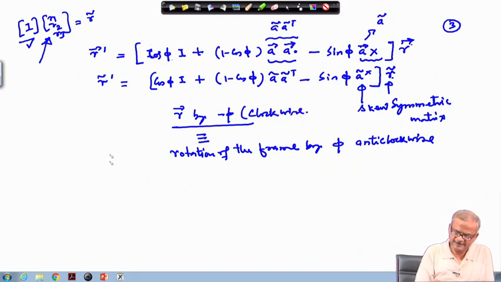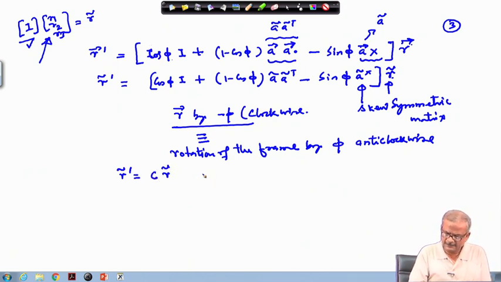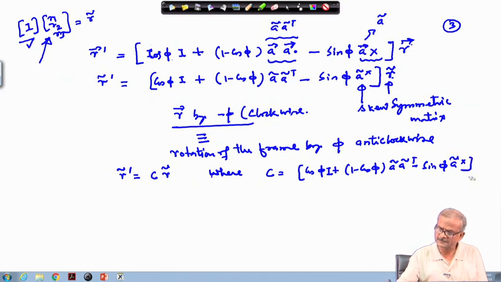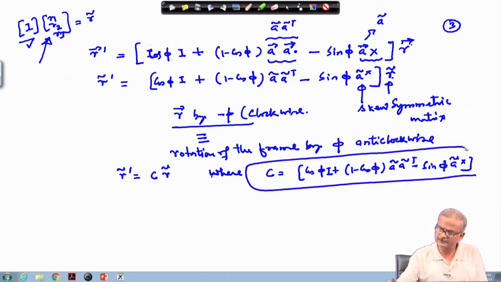So, r tilde prime can be written as C times r tilde, where C equals cos phi I plus 1 minus cos phi a tilde a tilde transpose minus sin phi a tilde cross. So, this is what we have been looking for.